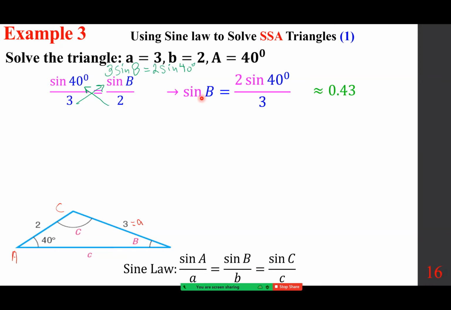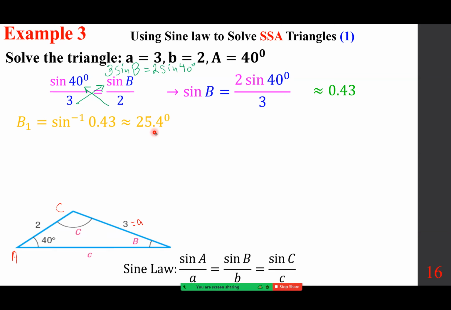So sine is 0.43. How do we get to the value of B? Sine inverse of this is what we are looking for. We call it B sub 1, meaning we have two B's, and I'll explain it in a moment why, but for now, B or B sub 1 doesn't matter. The answer is 25.4 degrees.